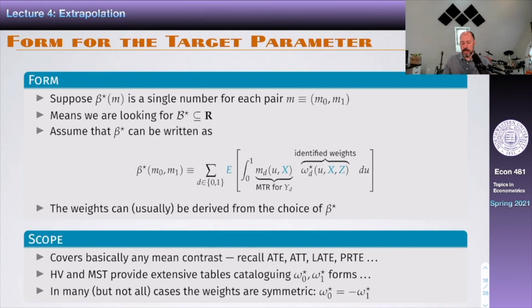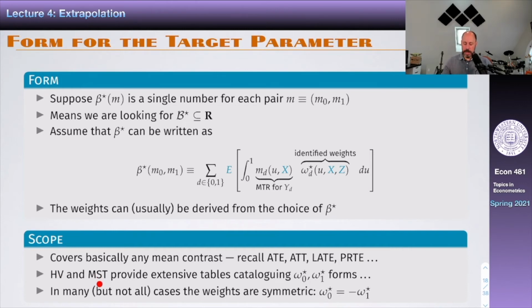The weights, as I wrote here, can usually be derived from the choice of parameter that we care about. It covers basically any mean contrast: ATE, ATT, LATE, policy relevant treatment effect, etc. It's not covering things that are not linear in these functions.